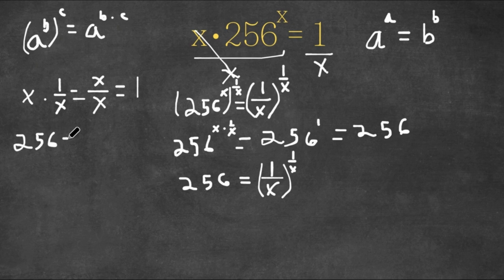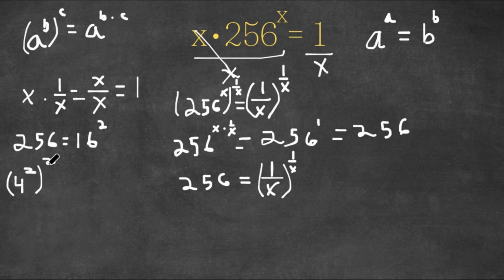Well, 256 is equal to 16 squared, right? Now 16 is equal to 4 squared. So we have 4 squared to the power of 2. Now remember this property, if we have a to the power of b to the power of c, this is equal to a to the power of b times c.